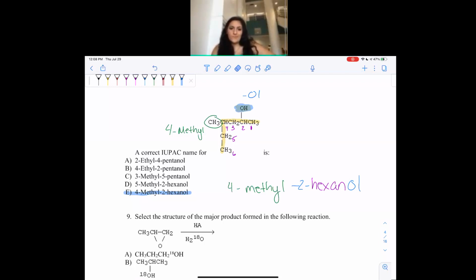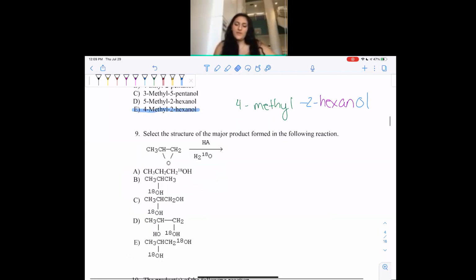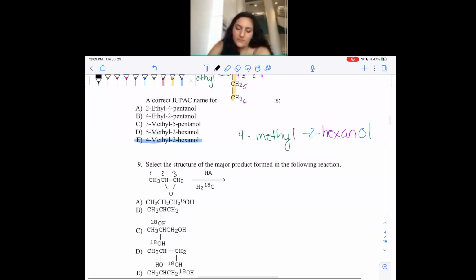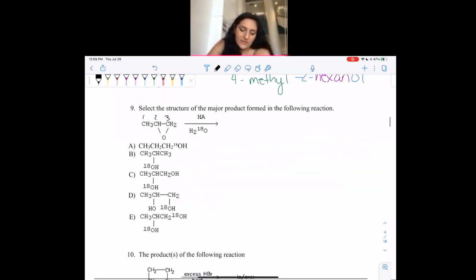All right, we're going to do number 9. It's similar to the ones we did before, but I just want to make sure everyone understands the O18 thing. So this reaction is essentially saying 1, 2, 3. Actually, I'm going to number the other way just because that's what I prefer.